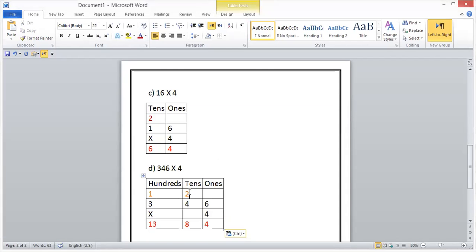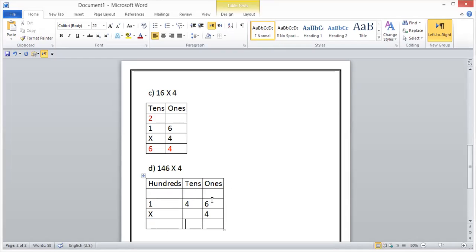346 multiplied by 4. Make it even 146. 146 multiplied by 4. Yes, guys, this is a 3-digit number.